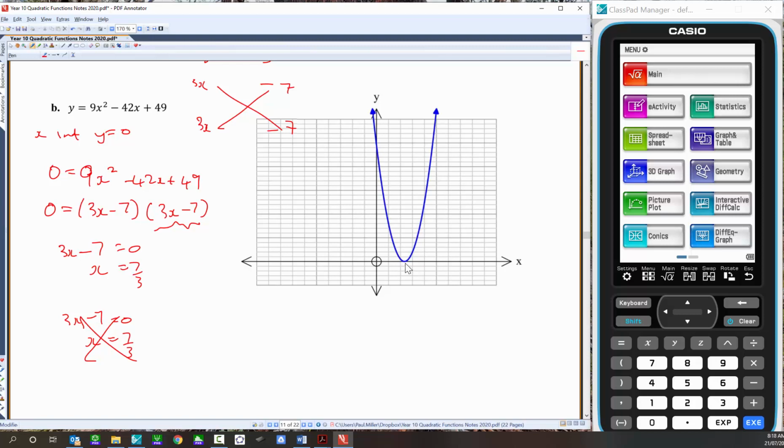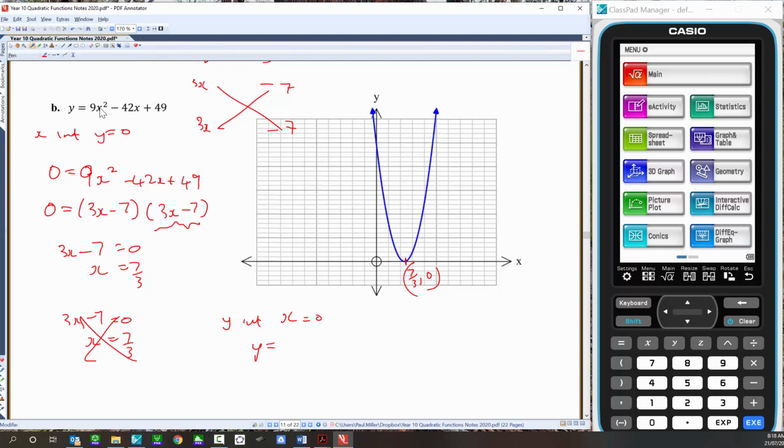There's one x-intercept, and that suits the picture over here on the right-hand side. So here's our x-intercept, 7 on 3, comma 0. Our y-intercept: y int when x is equal to 0, this one here will be 0.